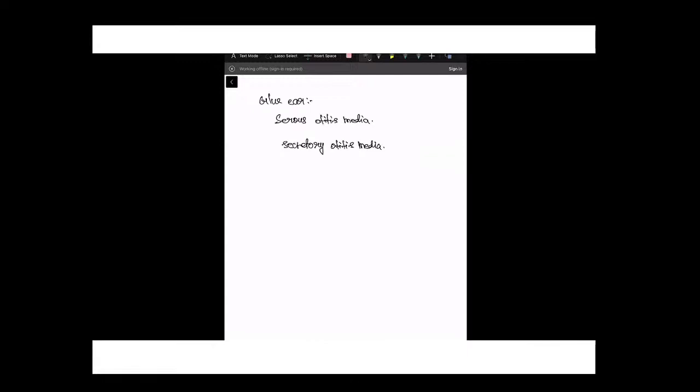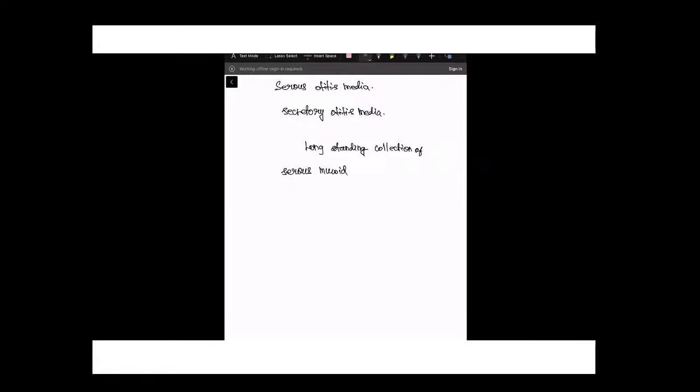It's due to a long-standing collection of serous mucoid fluid in the middle ear.